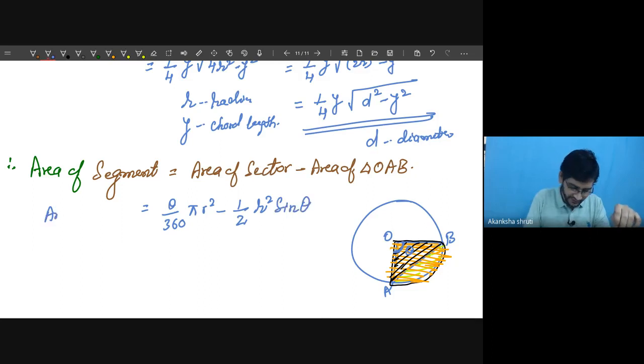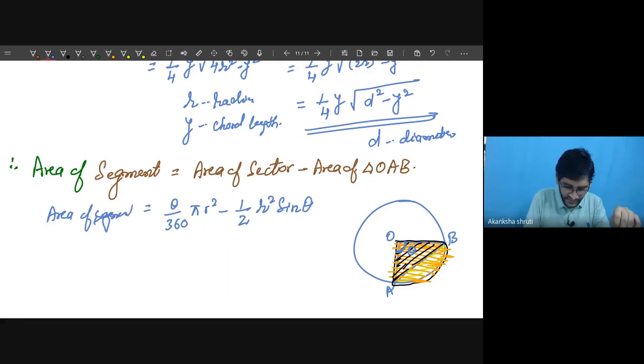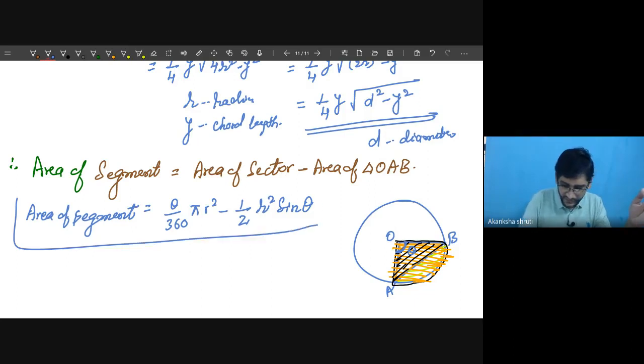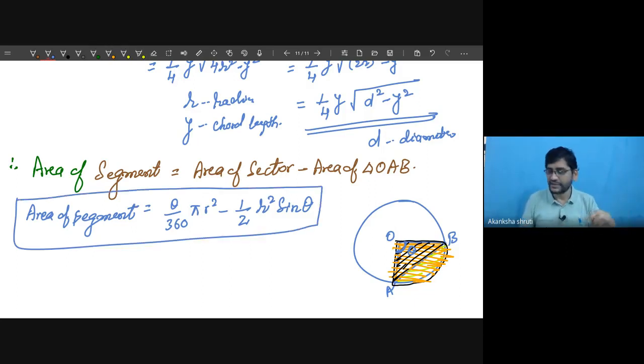This is the area of the segment. So this is the area of which segment? The segment which is subtending the angle theta at the center. For that, the area is given by this. So this thing we have to keep in mind. This is the area of this part.